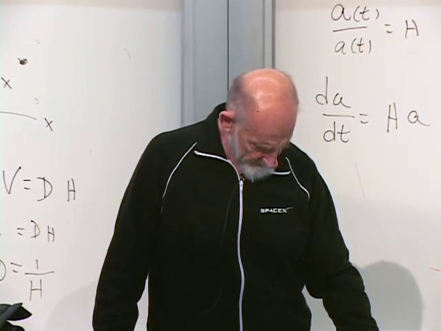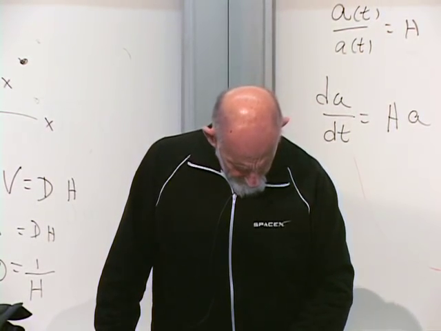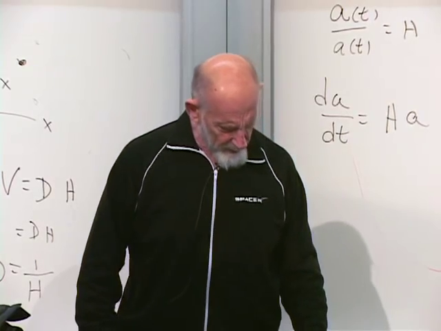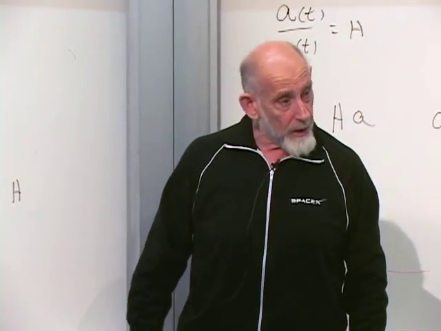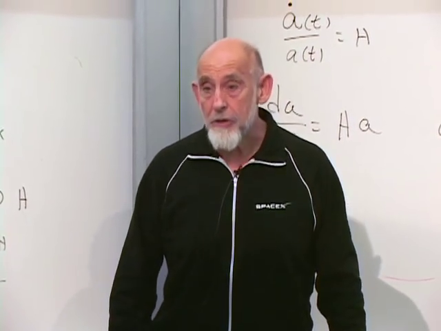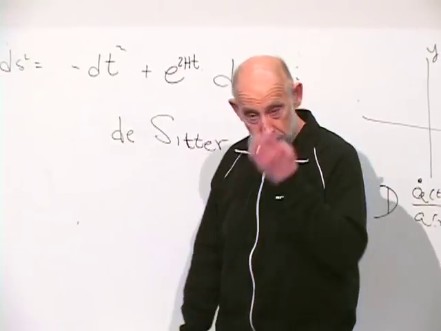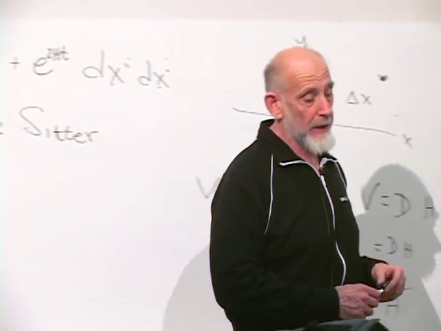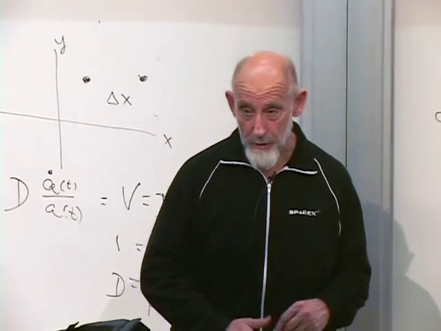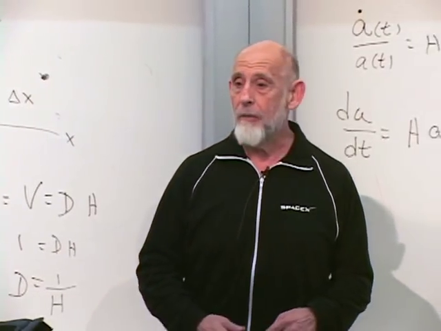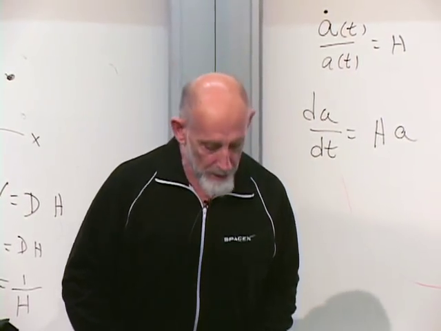All right, I think we're going to stop now. What I'm going to show you next time is that de Sitter spaces, spaces with this property, have event horizons. Event horizons which are in many respects similar to black hole horizons, but they're almost like inside-out horizons.